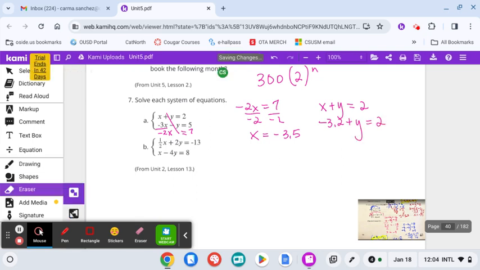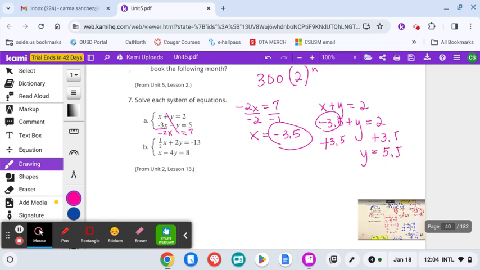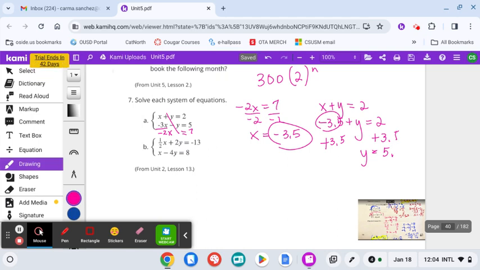Oops. 3.5 is what we got for the answer. Okay, so I just plugged in x is negative 3.5. Let's add that to both sides to solve for y. Once I get both my x and y answer, I then put those two answers together as a coordinate pair.